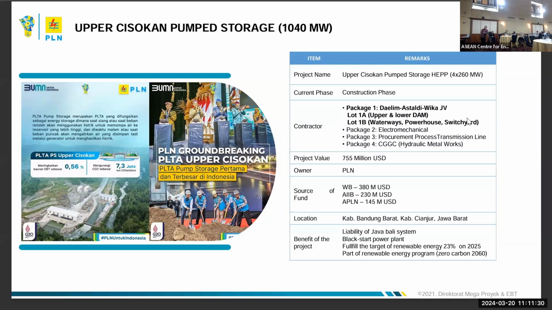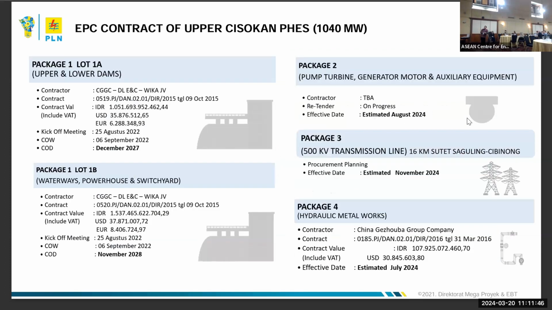The total project cost is 755 million US dollar, coming from development banks and also our own funding: World Bank, AIIB, and also PLN. This is the EPC contract for Upper Kisokan.